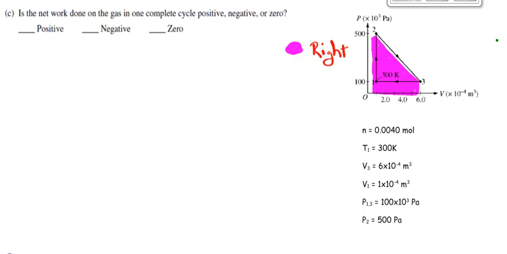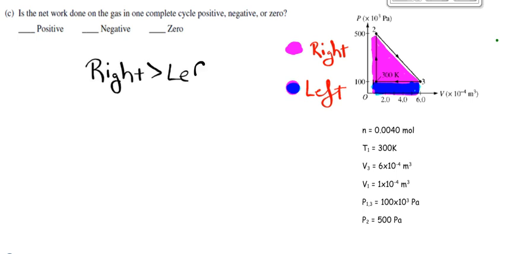Only this part is going to the left. The general rule is, and you can use the equations to prove this, but it's much easier to just know the rule: if right is bigger than left, that means it's negative work. The area under the arrow going to the right was bigger than the area under the arrow going to the left, therefore this must be negative work.